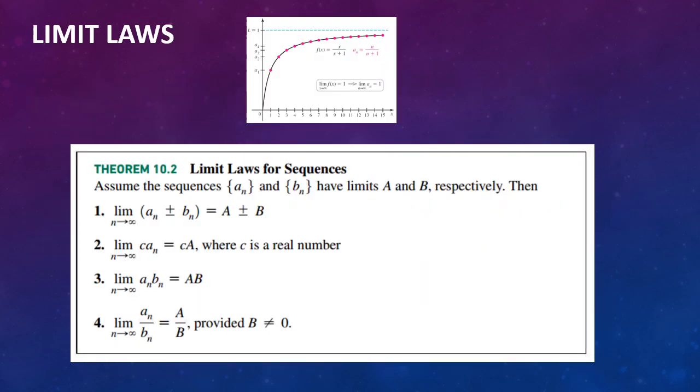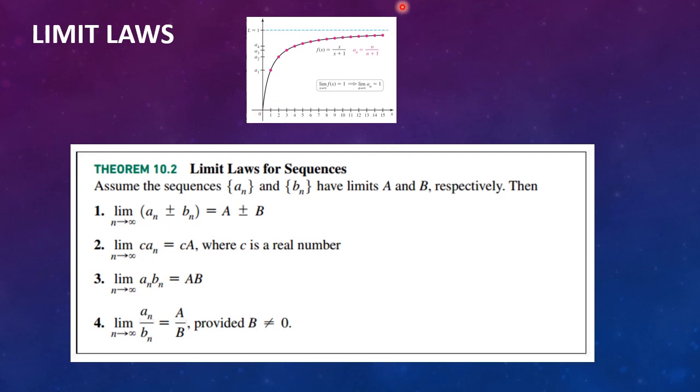At the top of this slide, you can see a graph, and this really illustrates what we were talking about on the last slide: specifically, that if a function or a sequence levels out as we go to positive or negative infinity, it creates a horizontal asymptote at the value of L. In this case, L equals 1.